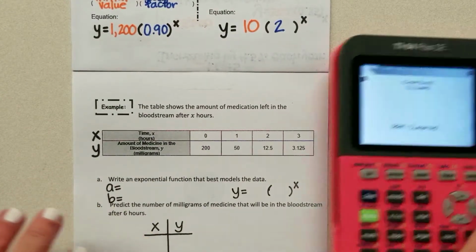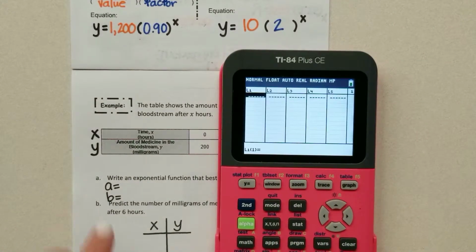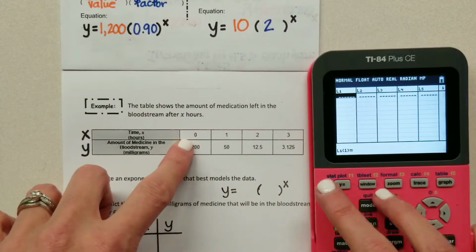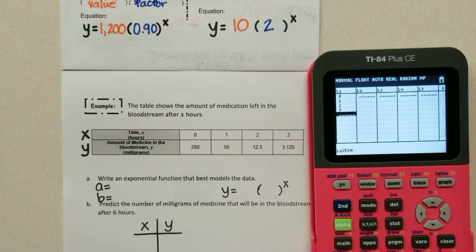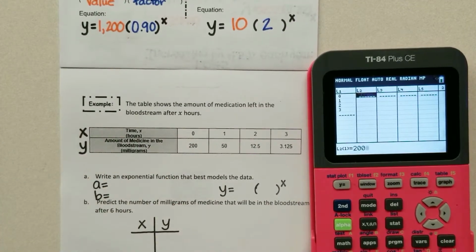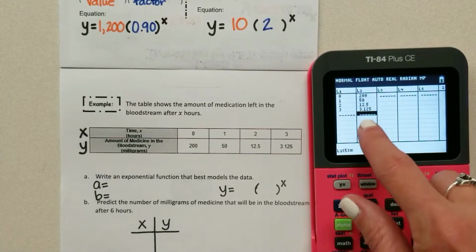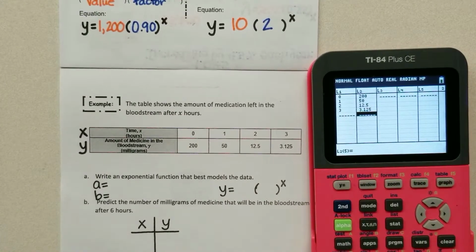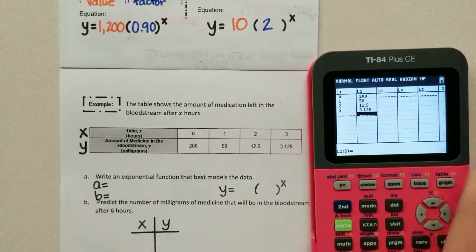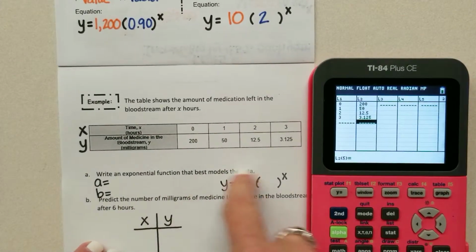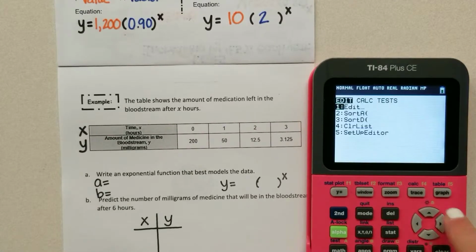So I'm going to go stat enter, and type in my x values. So I've got 0, 1, 2, 3, and then 250, 12.5, 3.125. And again, please make sure you type in your ordered pairs correctly and accurately so you can get the best fit data for this. So stat, arrow over to calc.